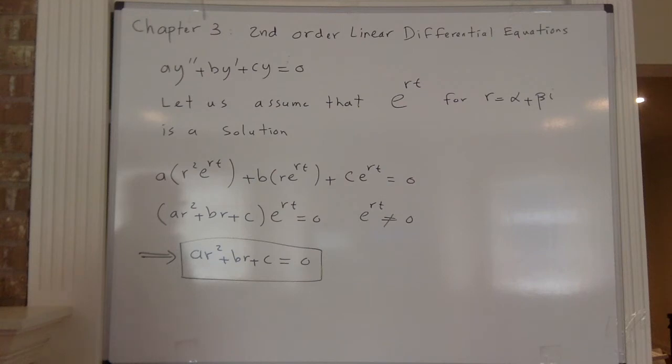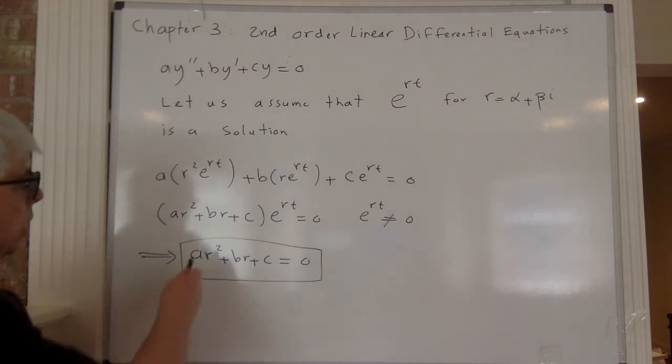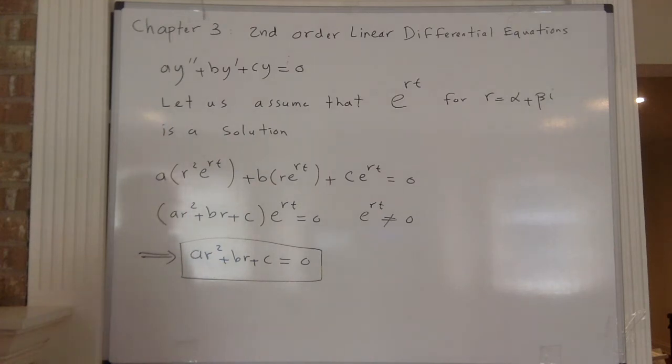So this is what happened. I assumed that e to the power rt is a solution. Then I said, okay, if that is a solution, it should satisfy the equation. When I plugged it into the equation, I came up with this. So it means that if e to the power rt is a solution, then r should satisfy this equation.